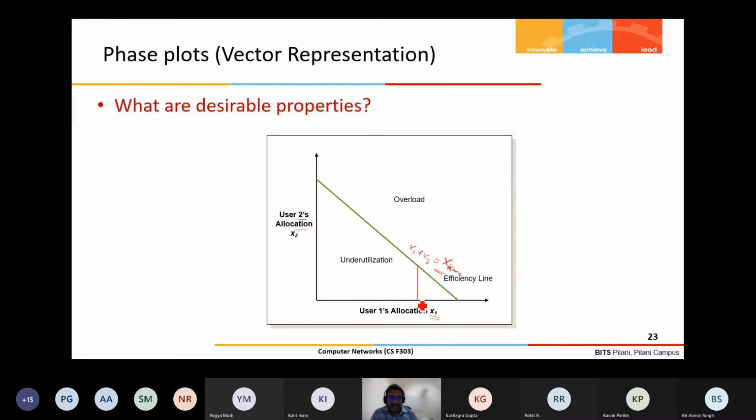Suppose this point: the x1 value is this much, the x2 value is this much, and the sum is equal to the maximum capacity. If it is here, then you will get a different value. But this is not just one criterion, because x1 plus x2 equal to x_max is one, but x1 and x2 should also be equal.